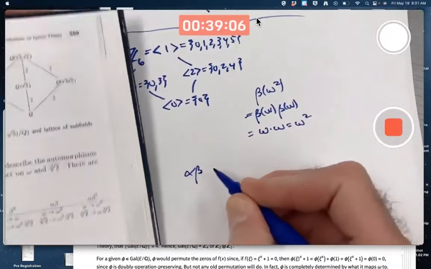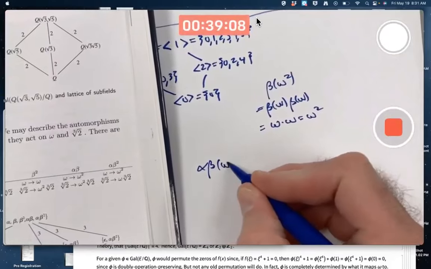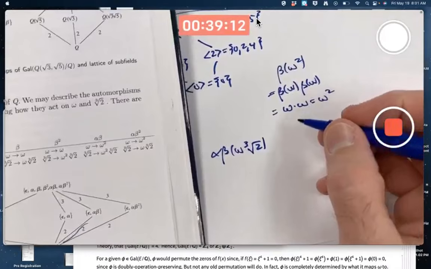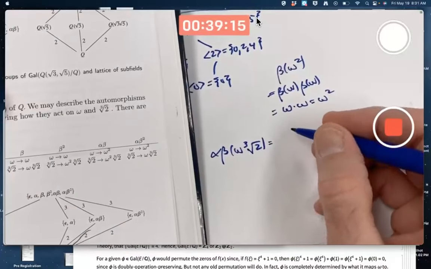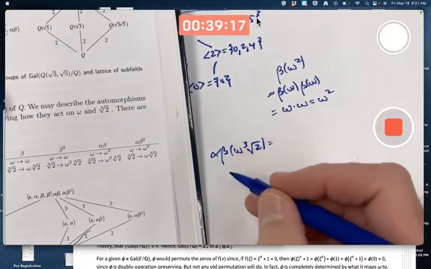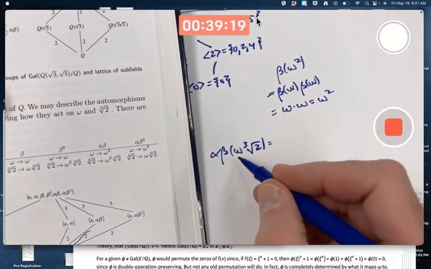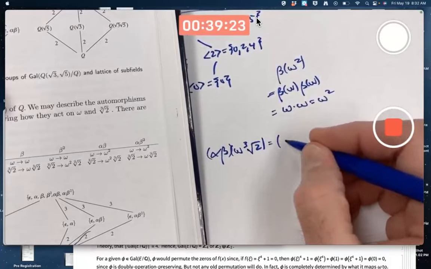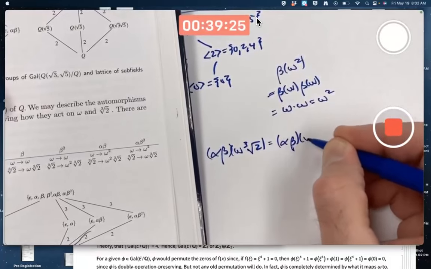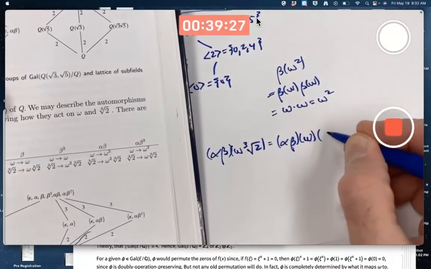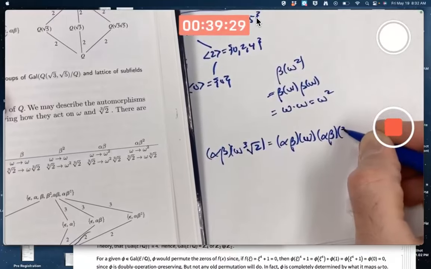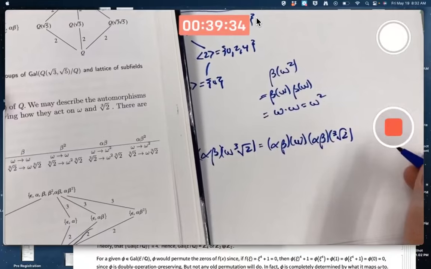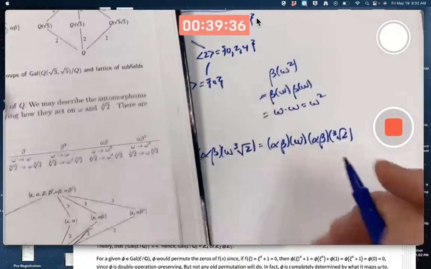Alpha beta of omega times cube root of 2. I don't even have to write this as alpha composed with beta. You can just think of alpha beta as an individual element. Alpha beta is operation preserving, so I could write this and then use the chart.